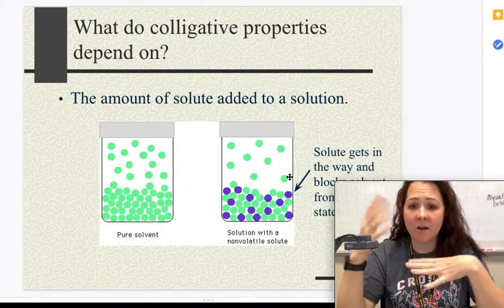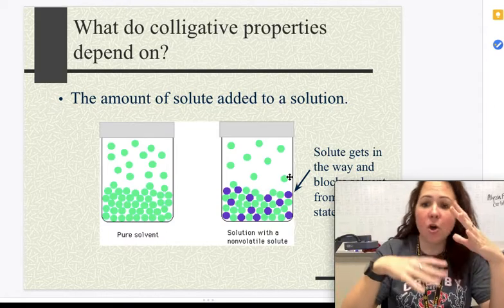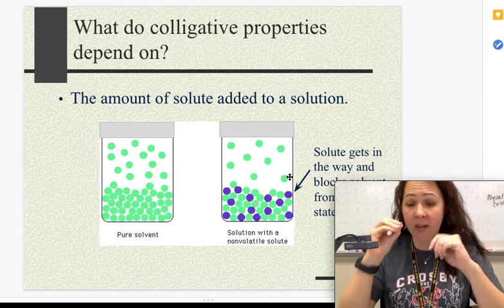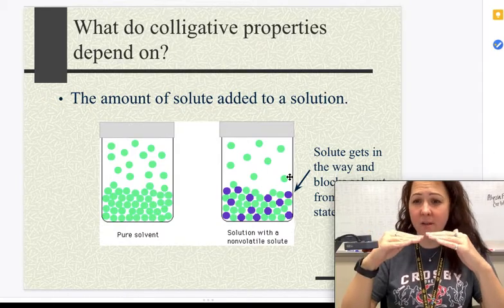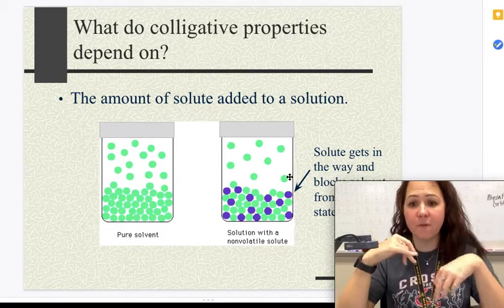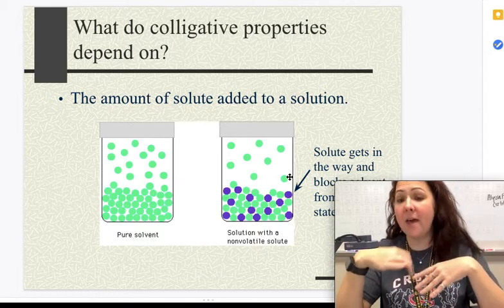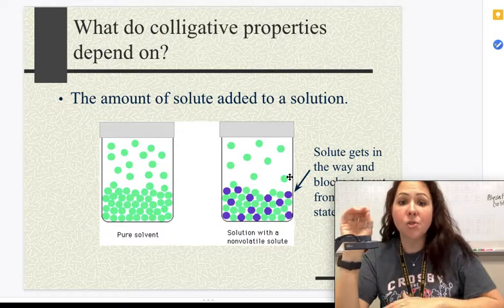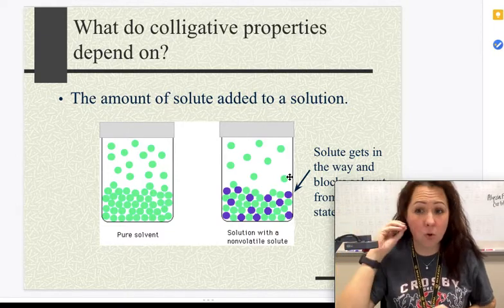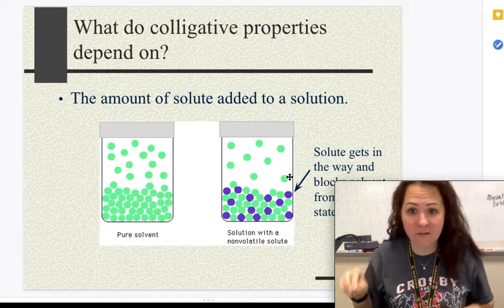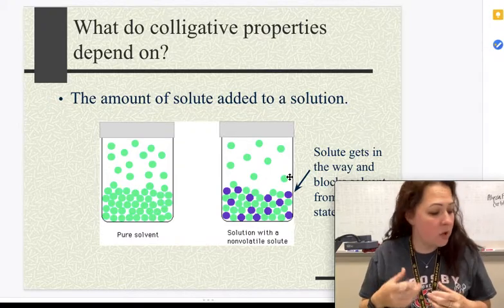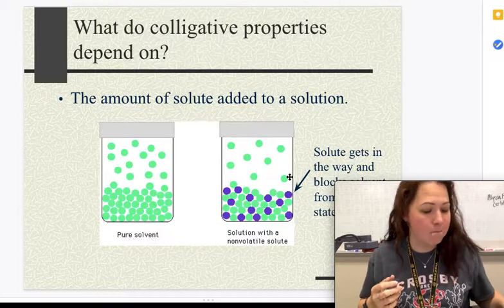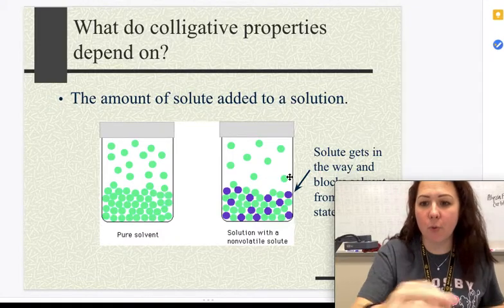So instead of being able to go between the two states of matter, it's going to get in the way, and when it gets in the way, it actually changes the temperature at which those particles can freely move, because it's going to take a different amount of energy to go from a liquid to a gas or a solid to a liquid. So with your colligative properties, the more roadblocks there are, the more effect it has. So when you have a different concentration, you're going to have a different temperature in which you either boil or freeze.